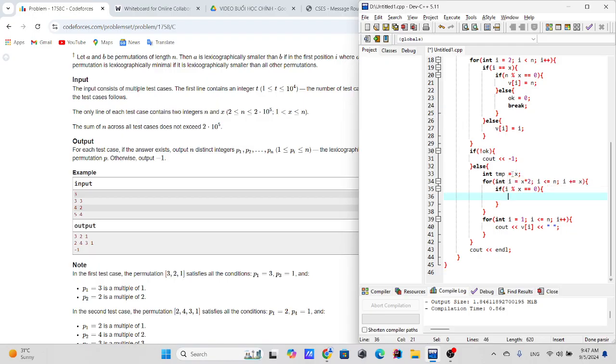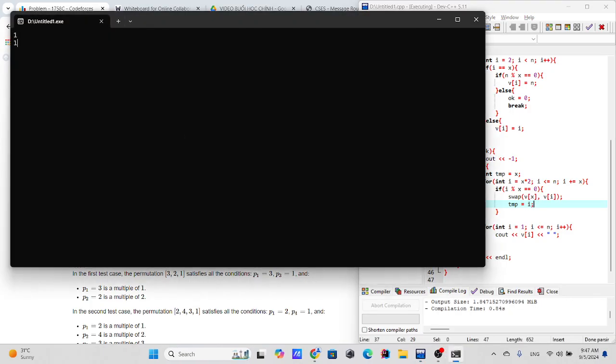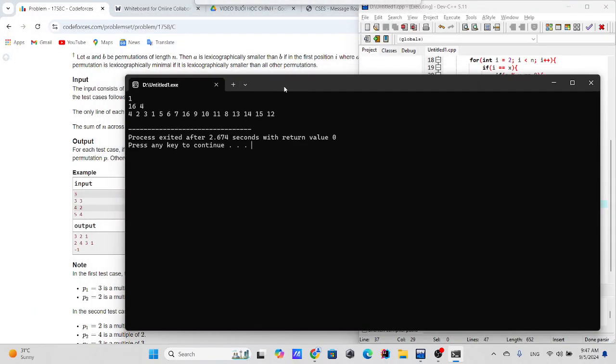Is divided by X. X and V temporary will be. How about this? Nah, this isn't correct.